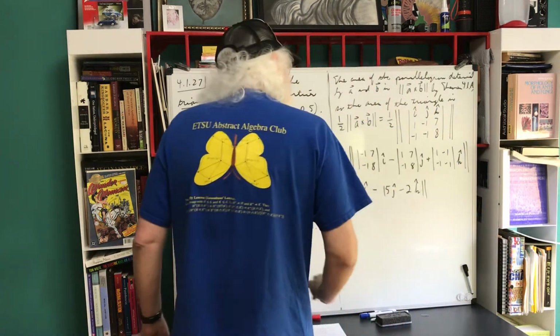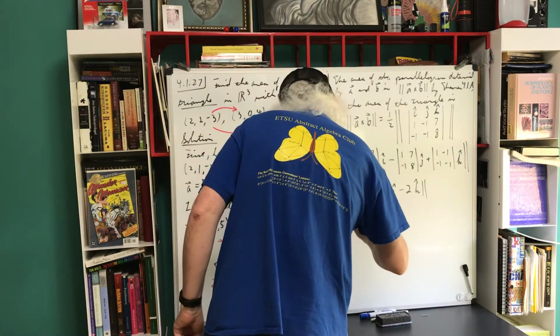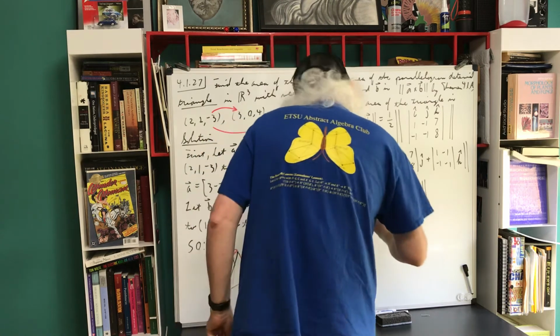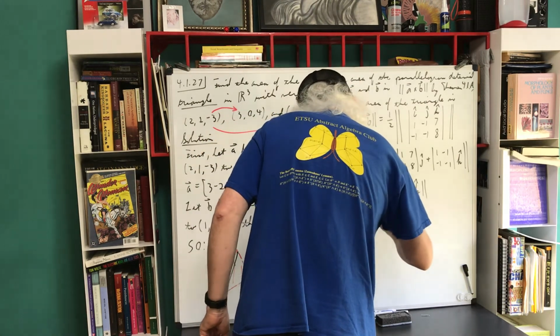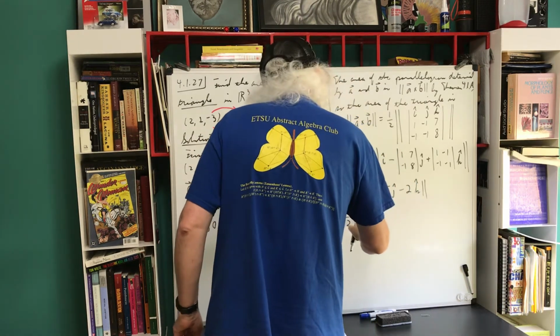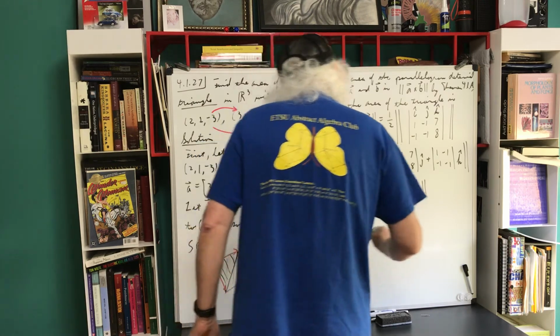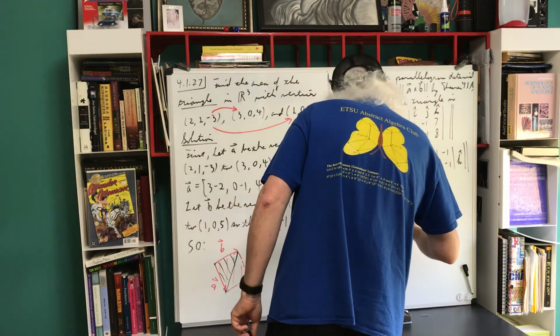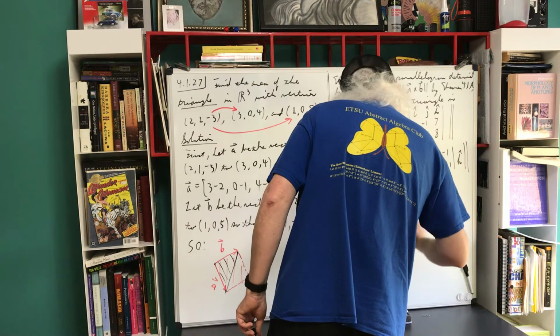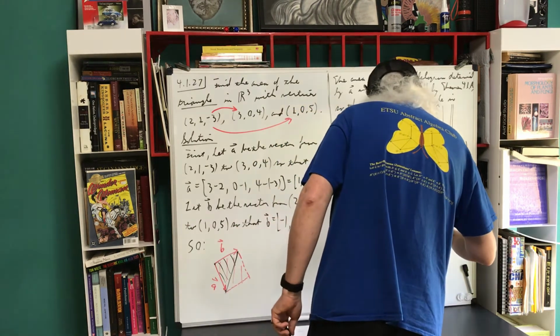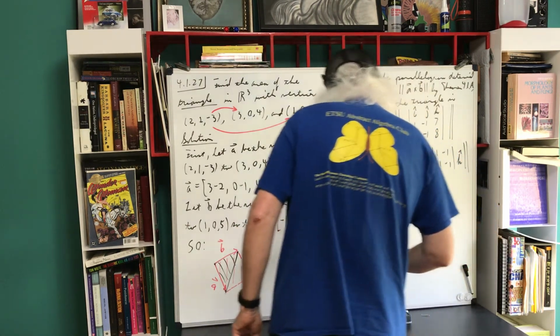All right, so let's do the norm part of the computation. That will be negative 1 squared, the coefficient of i is negative 1, negative 15 squared, the coefficient of j, negative 2 squared, the coefficient of k.